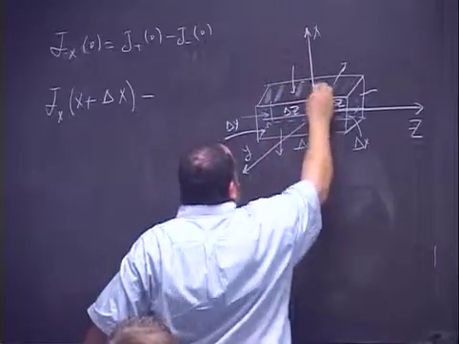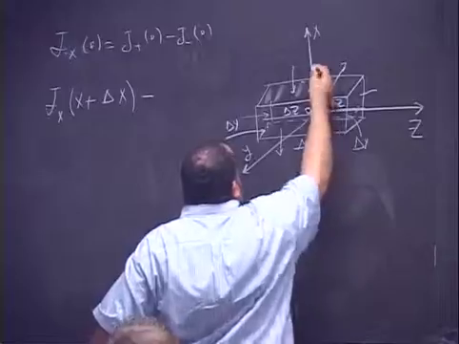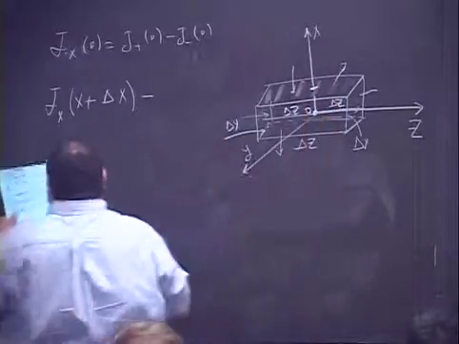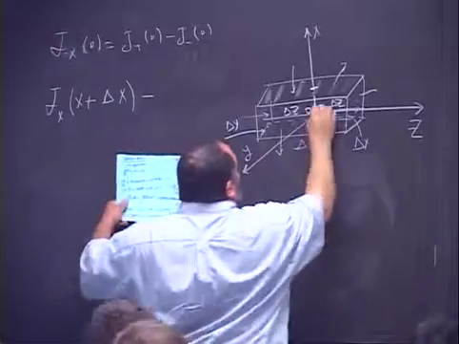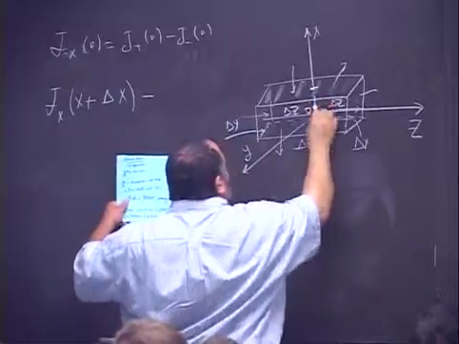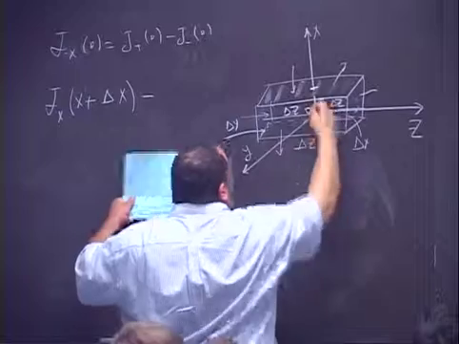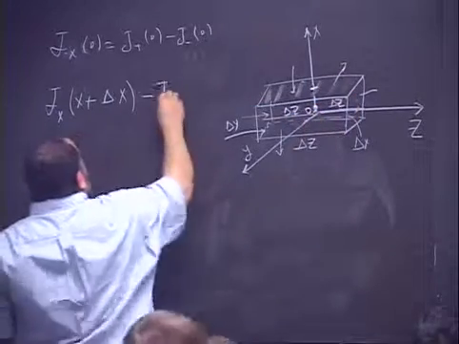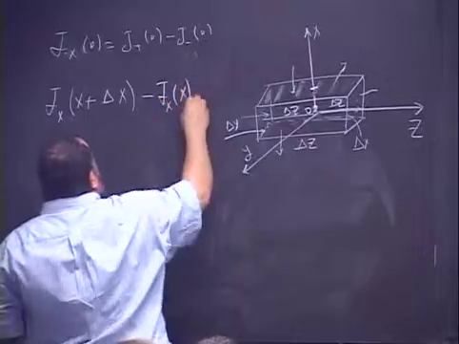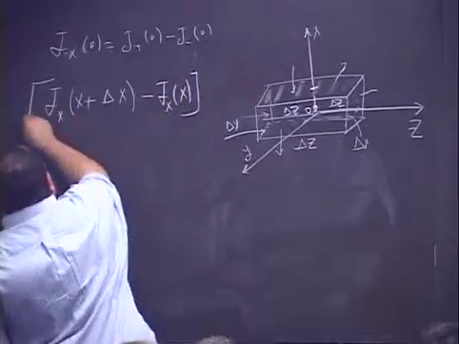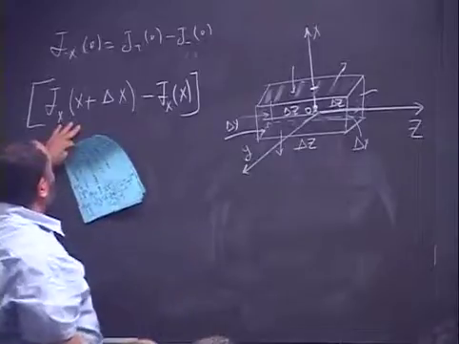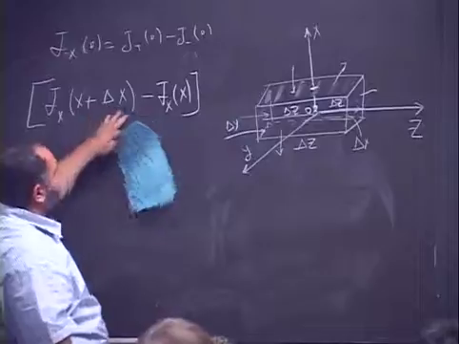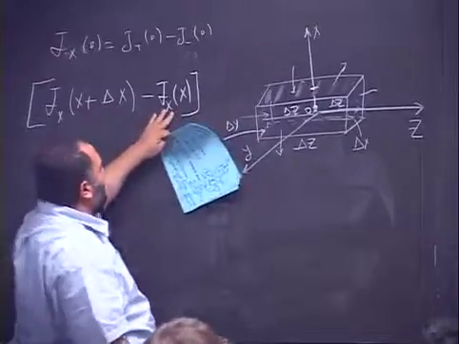Let's say that here is x plus delta x at this surface, and the origin is in the center, and this is Jx at x. So this is the difference between the neutrons that penetrate in the x direction at x plus delta x minus the one that goes at x.